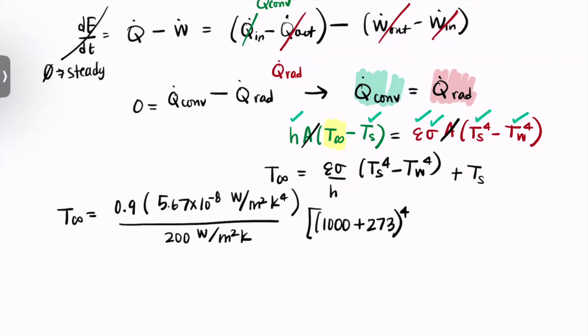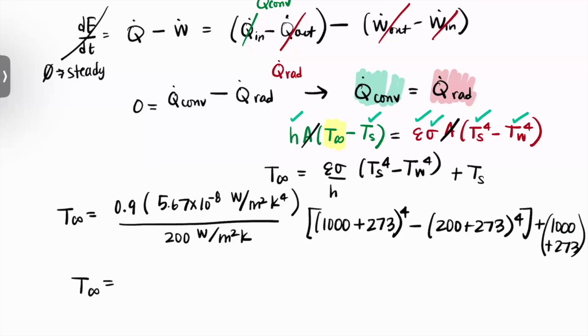So I add in that 273, and then I subtract off the 200 degrees C, also converted to Kelvin, to the fourth power. And then last but not least, I'm going to add in my surface temperature, which is 1000 plus 273. Okay. And so I get that T infinity is 1657.3 degrees C.